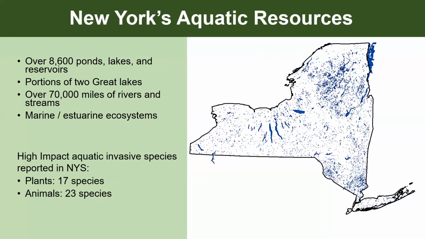And we did see a need for a prioritization tool that would help managers hone in on what aquatic resources they would prioritize for survey and management. And so for this tool, we did decide to focus on the ponds and lakes and reservoirs. So we have over 8,600 of those, and that was a good place to start.